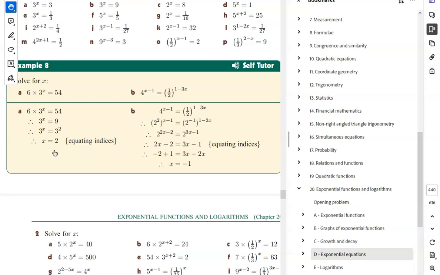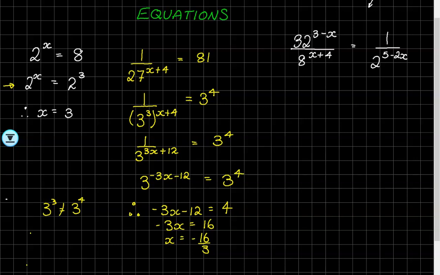What happens if you get something like this? What happens if you had 3 to the x equals 10, what's the problem? I can't write 10 as base 3, correct, right?